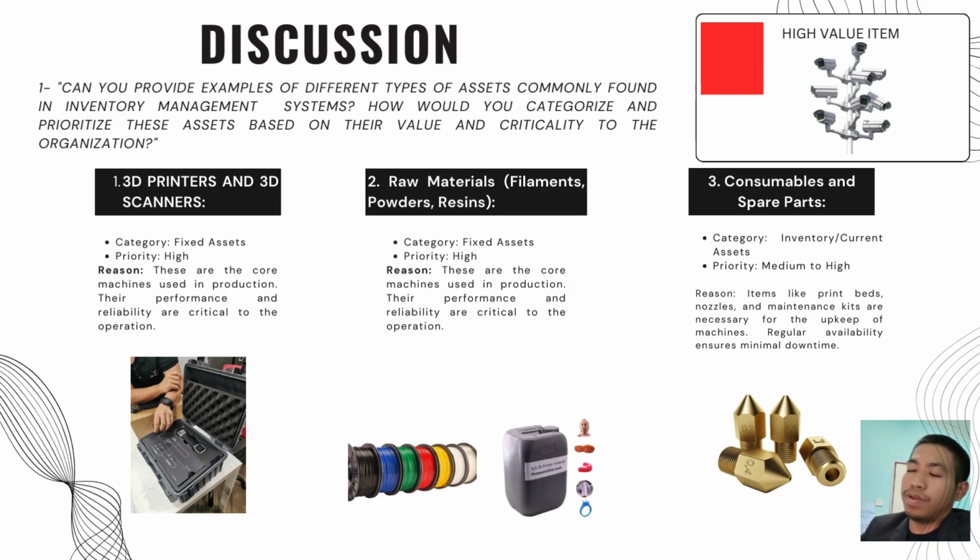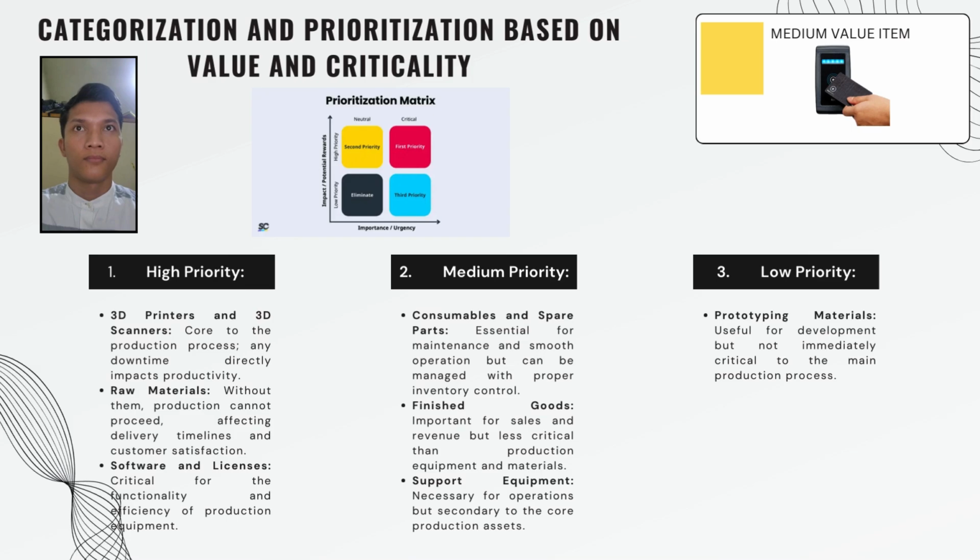We can place these at medium to high priority, because despite being quite cheap, and we can also get them easily online, we can set them to medium priority. We categorize them as high value items, because these are the main parts for our services.